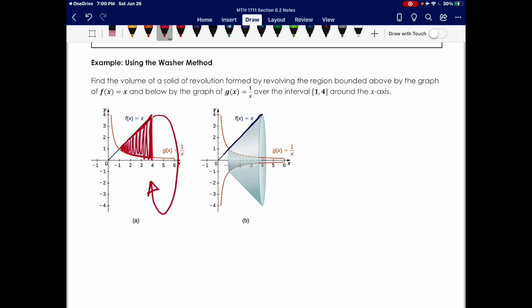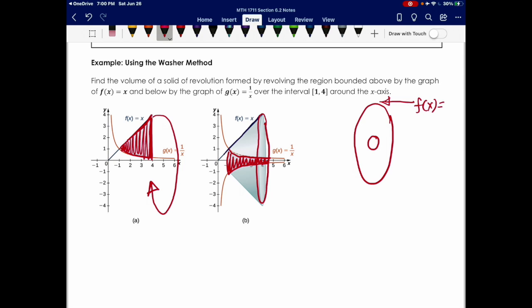We're looking at this region here, and when we rotate that around the x-axis, we get a disk shape, but because of the function 1 over x in the center, we're going to have an empty hole in the middle.